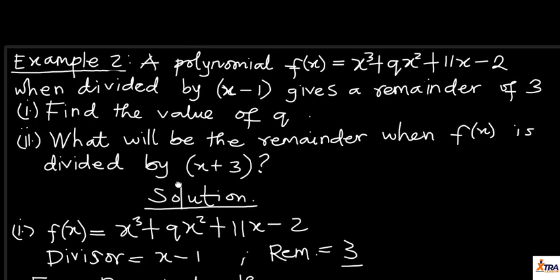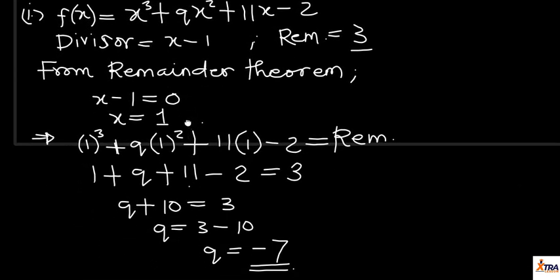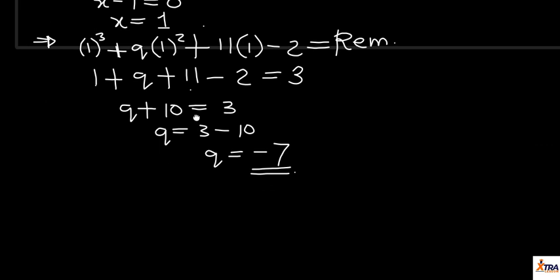For my Roman figure 2, I am told to find the remainder that will be gotten when that same polynomial is divided by the divisor x plus 3. Since I have gotten the value of q now, the first thing I will do is to represent that q in the polynomial as minus 7.